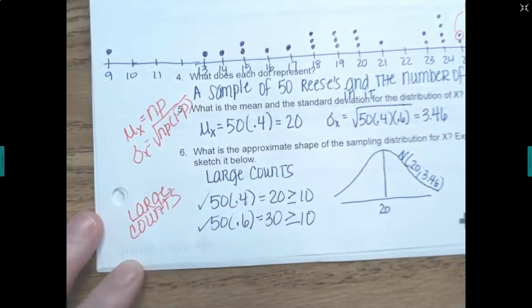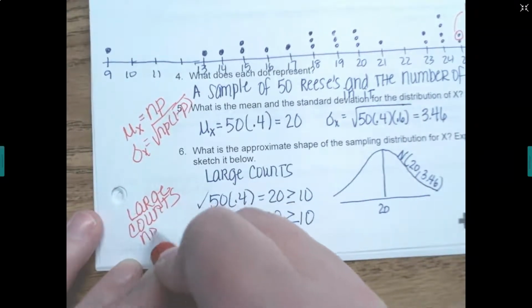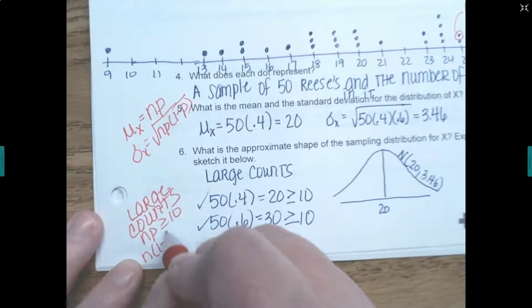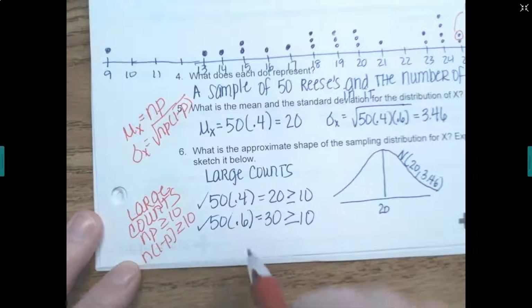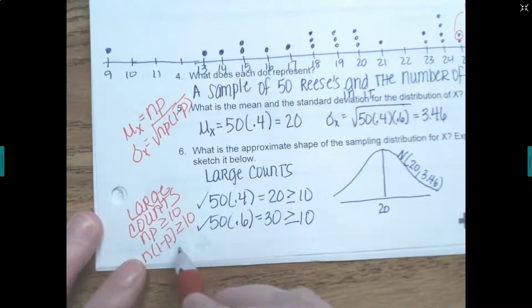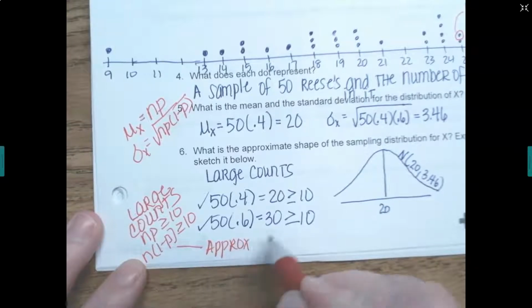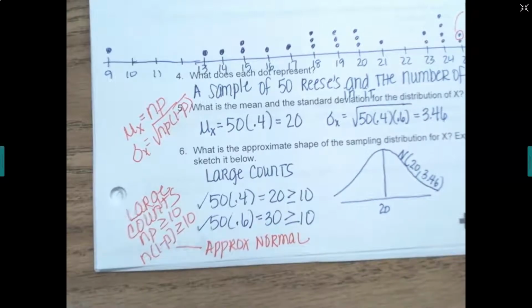So the official large counts is n times p has to be greater than or equal to 10, and n times 1 minus p also has to be greater than or equal to 10, and that means it's approximately normal, if that is true. All right, let's keep moving.